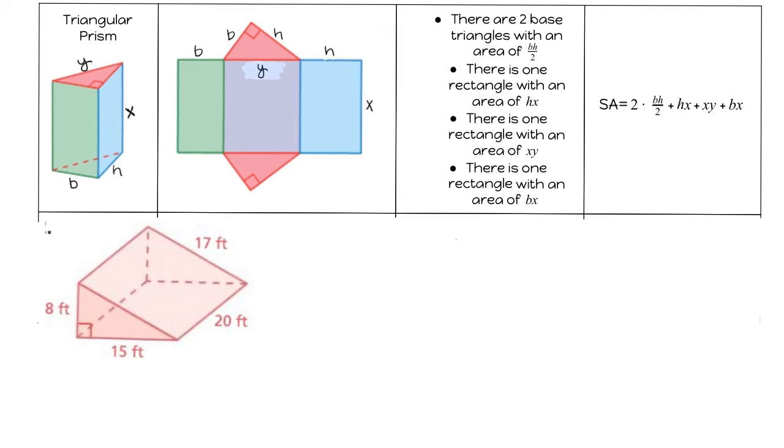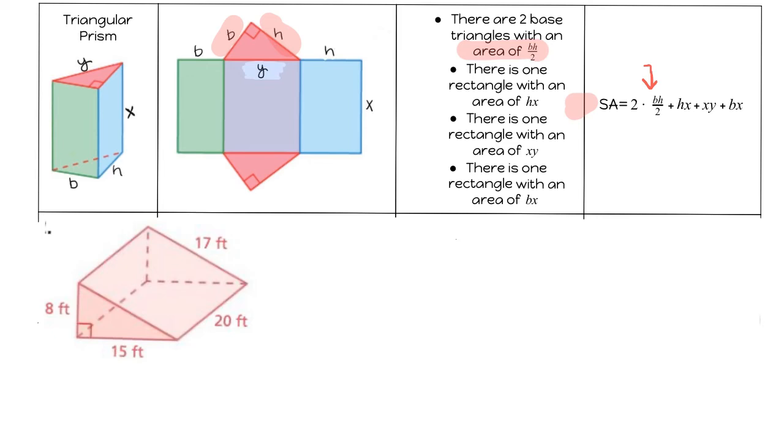And our last example for now is a triangular prism. It has a triangular base, hence its name. And it has an area of the base times the height divided by 2. And there's 2 of those triangles. So we have 2 times base times height divided by 2.